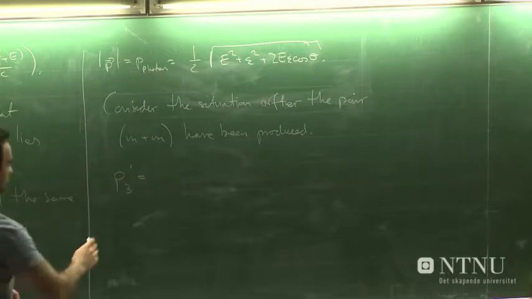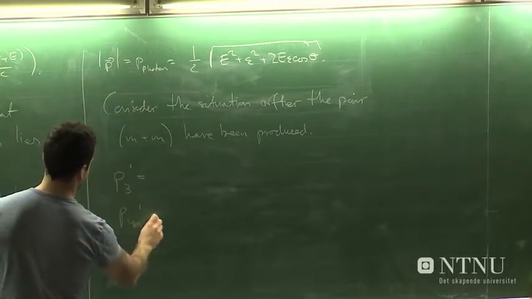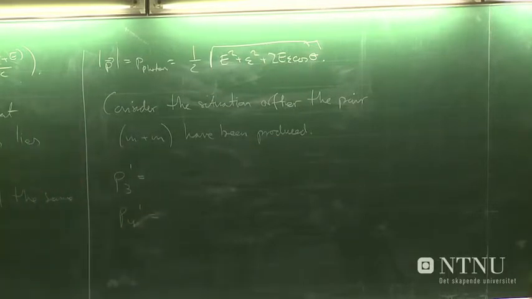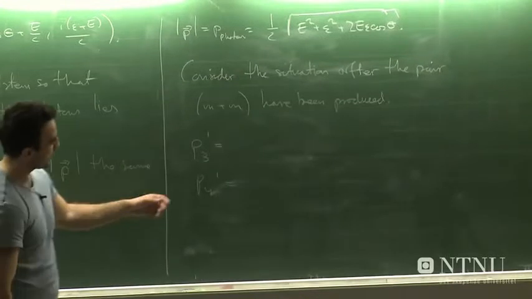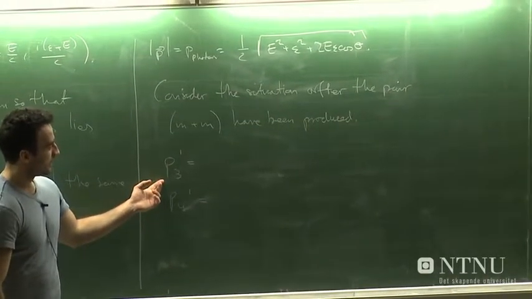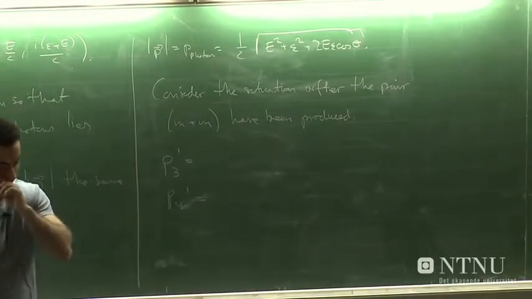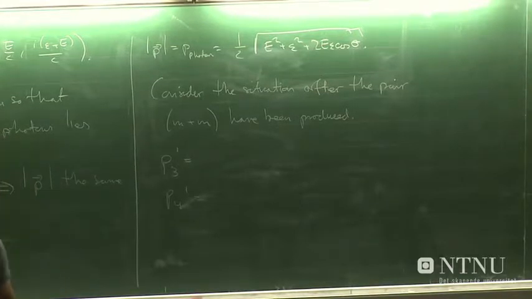So let's write the four momentum of the produced particles as P3 and P4, since we use P1 and P2 for the photons. Well, we have used the invariance of the square of the four momentum.